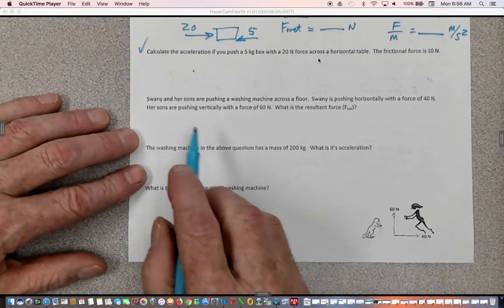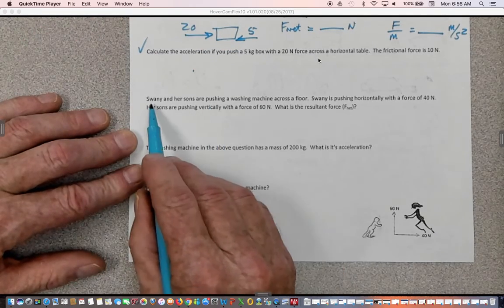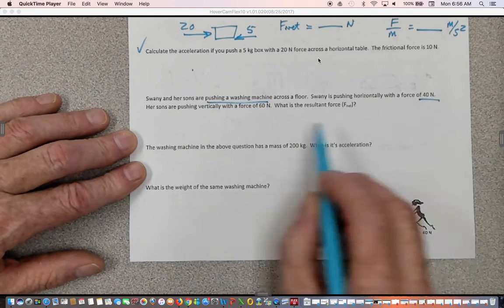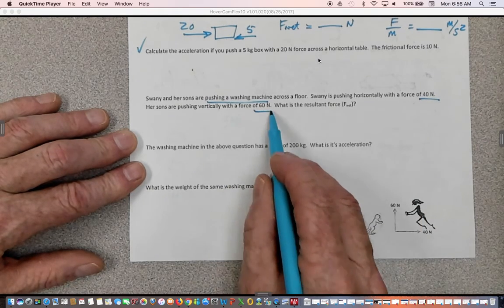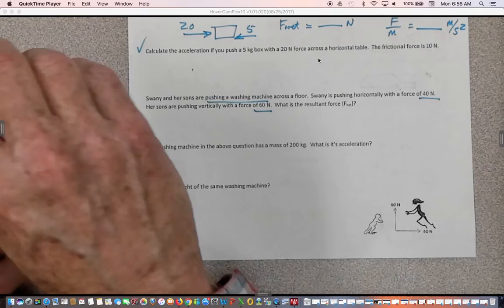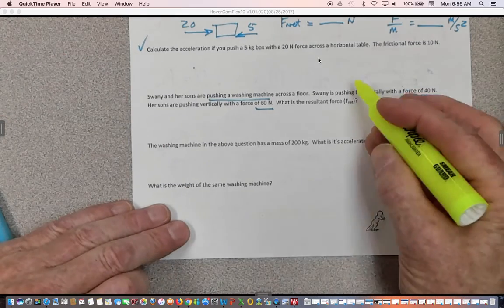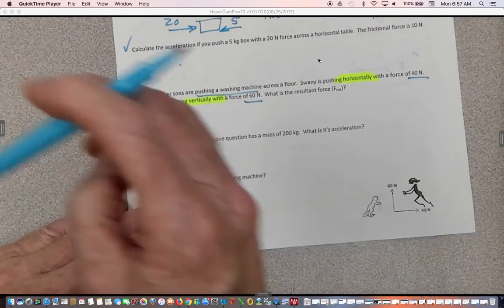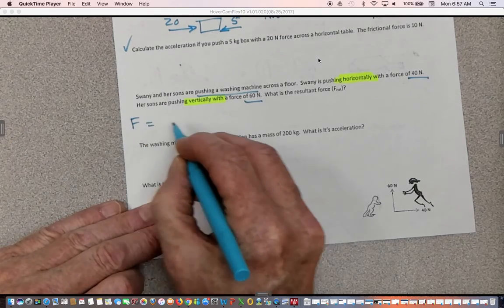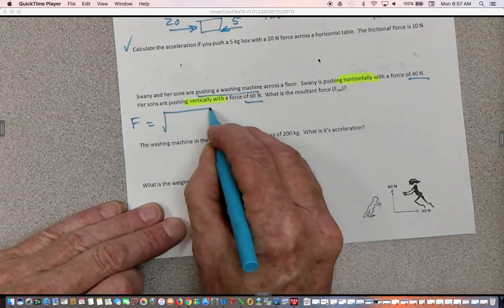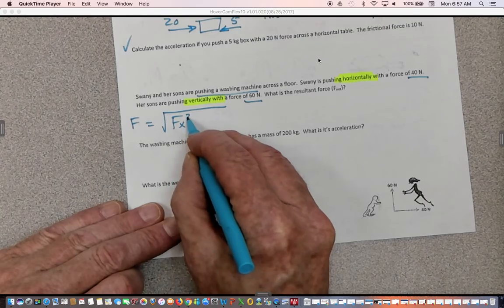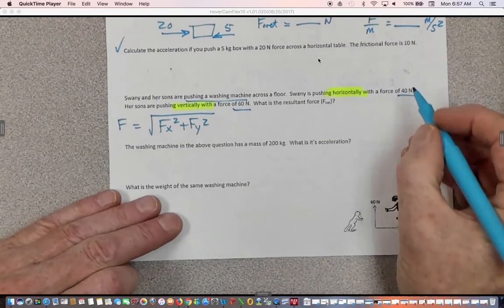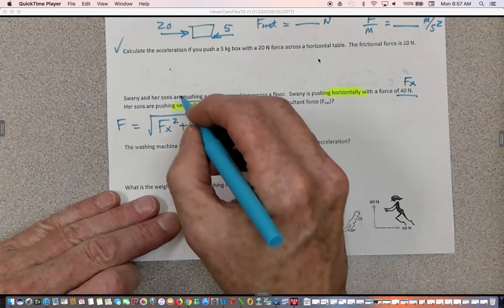Now, these people are pushing a washing machine. They push with 40 horizontally and vertically. Uh-oh, this is a two-dimensional problem. As soon as you see the words horizontal and vertical, use this formula. F equals square root Fx squared plus Fy squared. This is going to be your Fx.